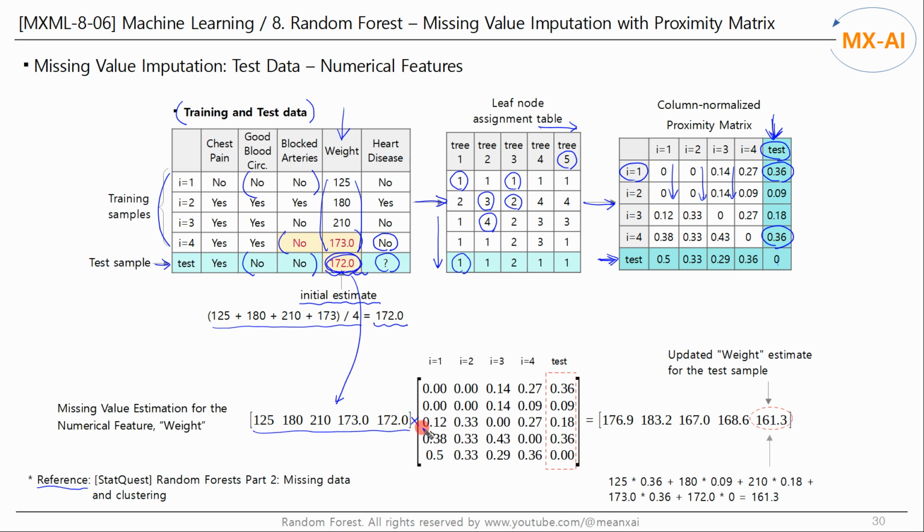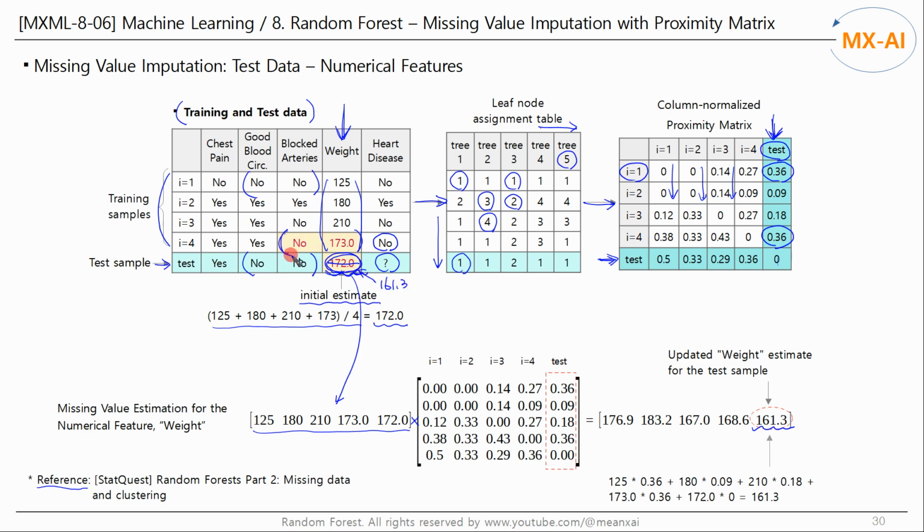Next, we multiply this vector by the proximity matrix. This produces a new vector of length 5. This vector contains the new estimates for the weight feature. Since we're estimating the missing value for the test sample, we're only interested in the fifth element of this vector. Therefore, we update the initial estimate of 172.0 with the fifth element of the new vector, which is 161.3.